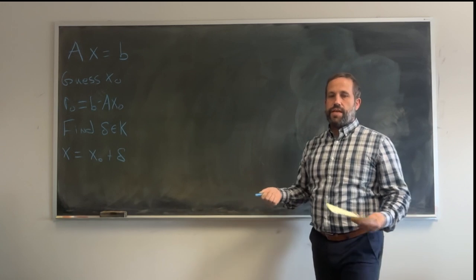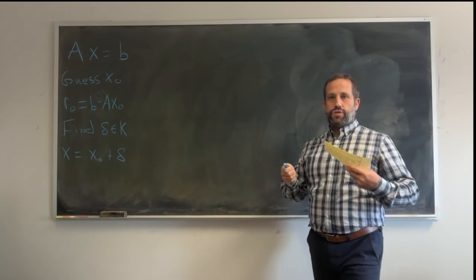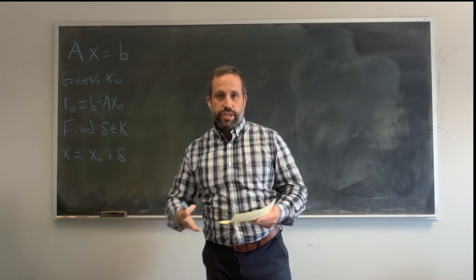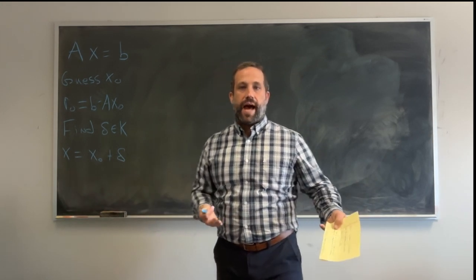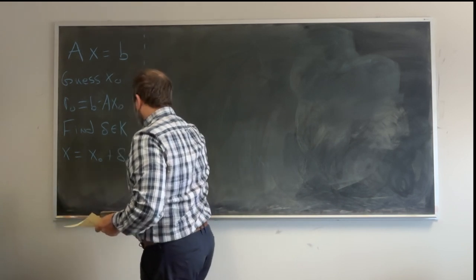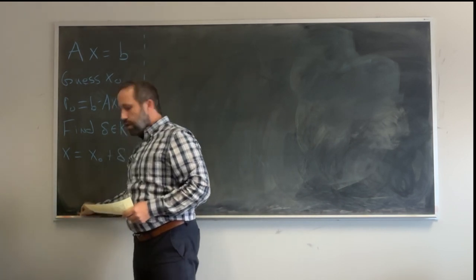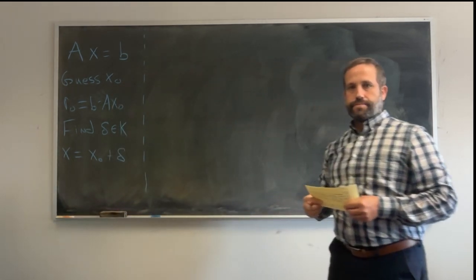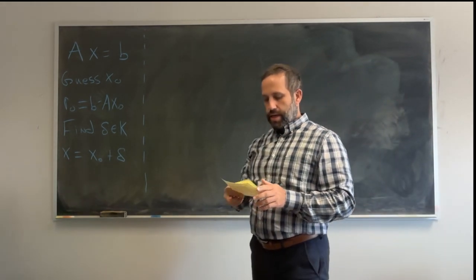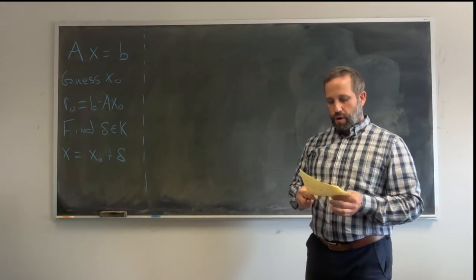But obviously, if there's a reliable and fast way to do that, we would just do that and solve the problem exactly. So the idea then is that delta is going to be an approximation. Typically, the only thing that we can expect out of delta is that it's going to be an approximation.